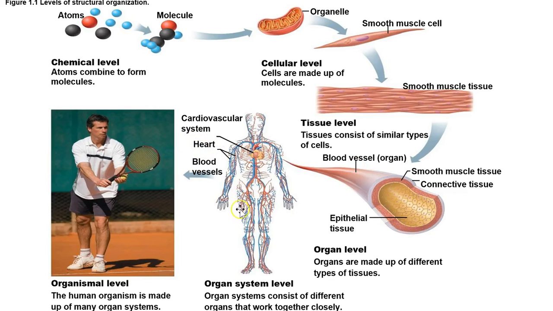And then the 11 organ systems make an organism. In this way we have the chemical level, cellular level, tissue level, organ level, organ system level, and organismal level.